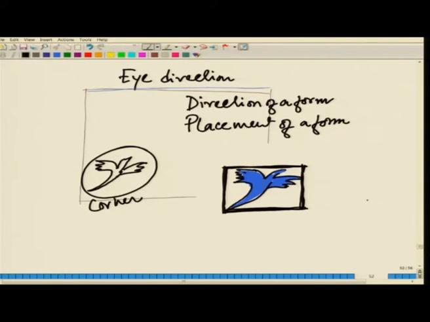Also, the visual weight of a form is a very big factor.